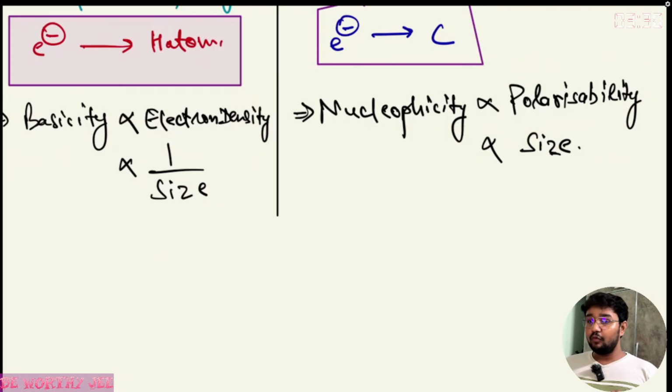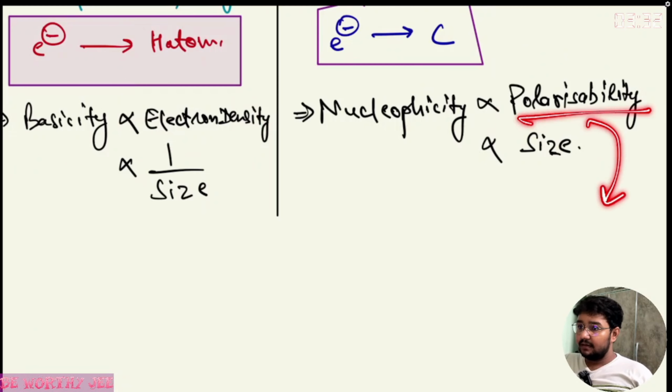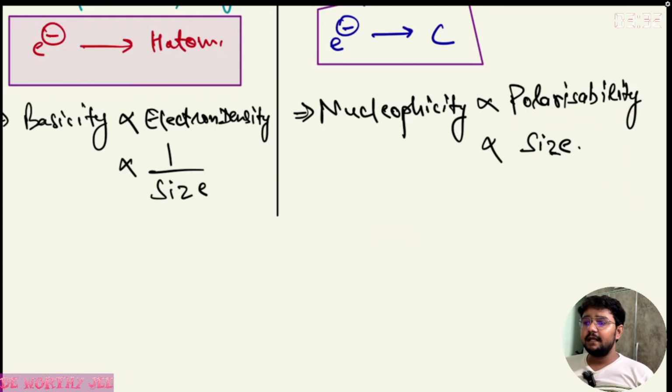Polarizability is the ability of a molecule or an atom to become polarized. Meaning, it can develop a dipole moment when subjected to an electric field.